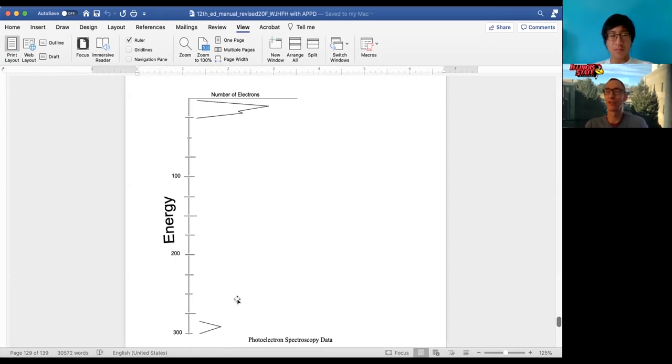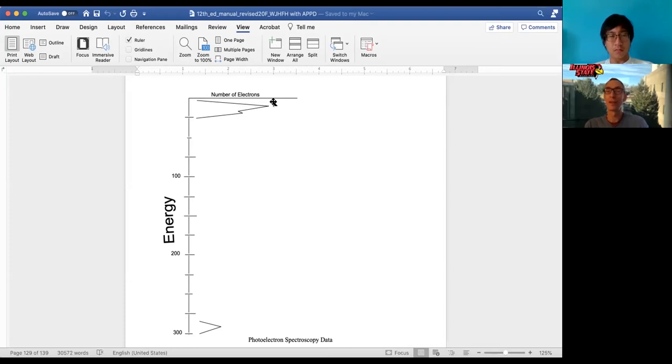Those are the interior electrons. And that actually corresponds to 2 electrons. But if we look up here at the top, there's one big peak with this little shoulder on it. And that is 8 electrons in carbon, in methane, that are basically all the same.